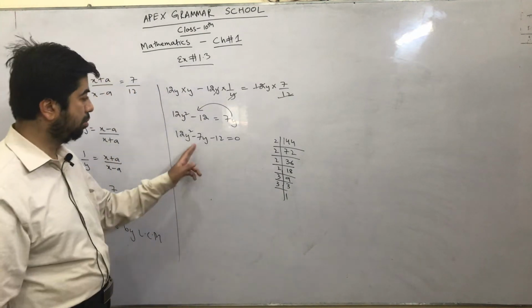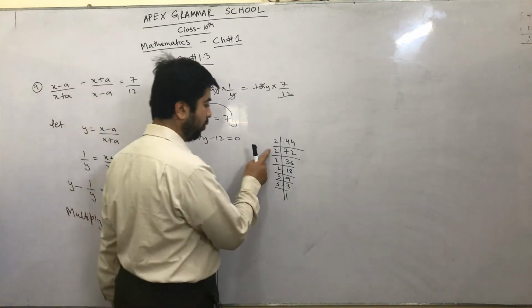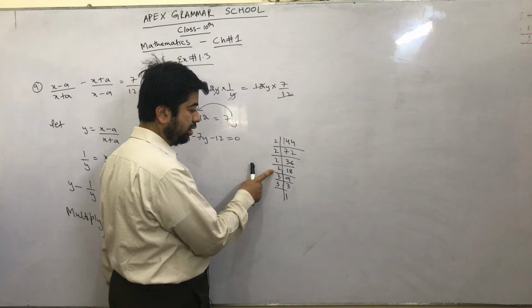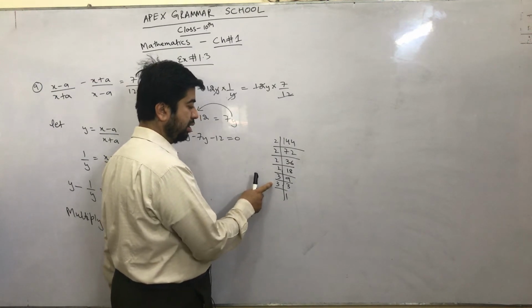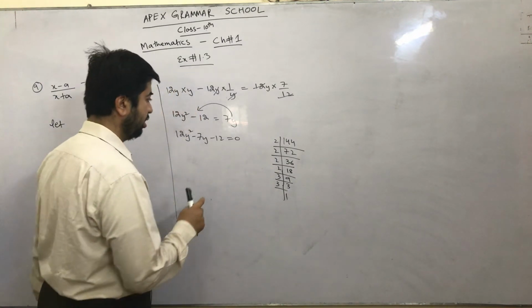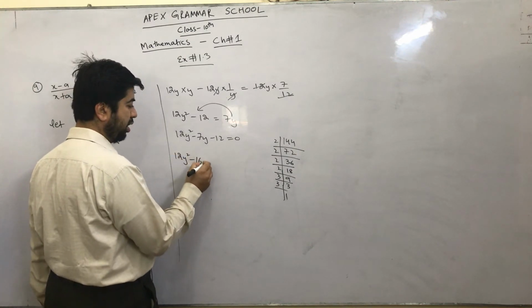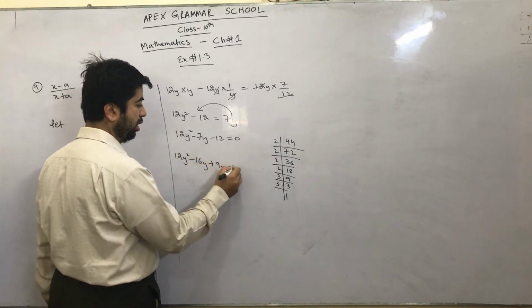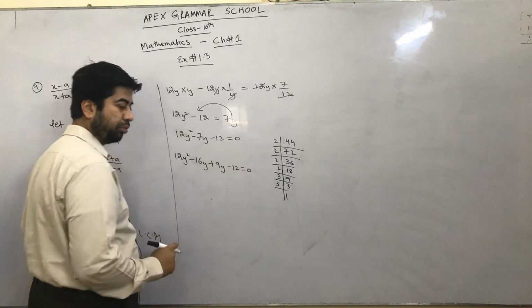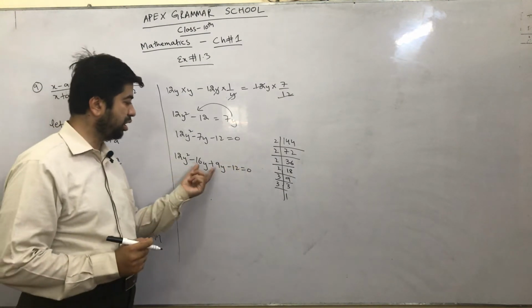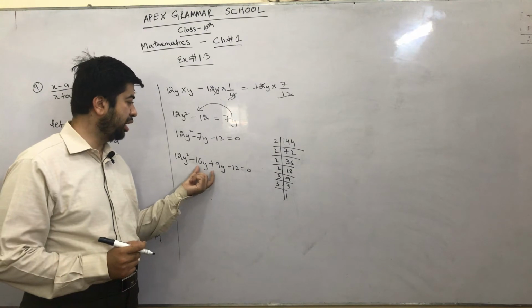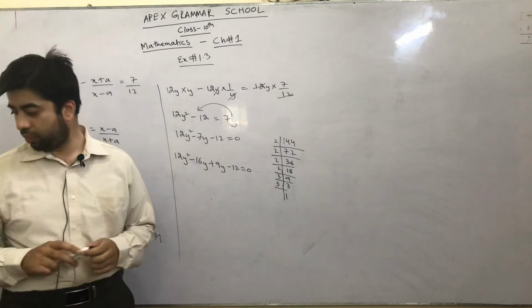We need the minus 7. 2 2s are 4, 4 2s are 8, 8 2s are 16, and minus 9. 16 minus 16 plus 9. We have it. Minus 16y plus 9y minus 12 is equal to 0. Because minus 16y plus 9y, its multiplication must be minus 144.